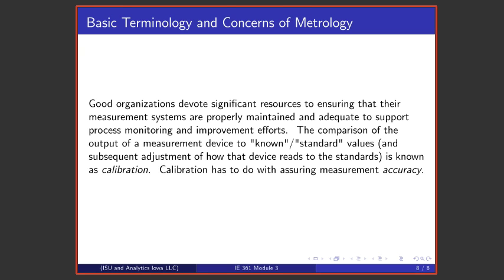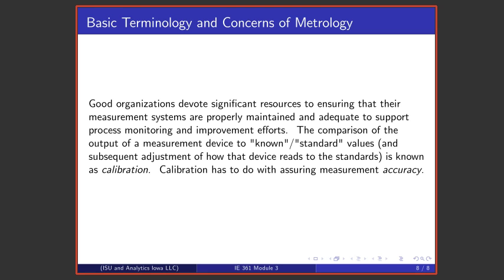Good organizations put significant resources into maintenance of their measurement systems. They do studies to make sure that their measurements are accurate. Those are usually known as calibration studies.